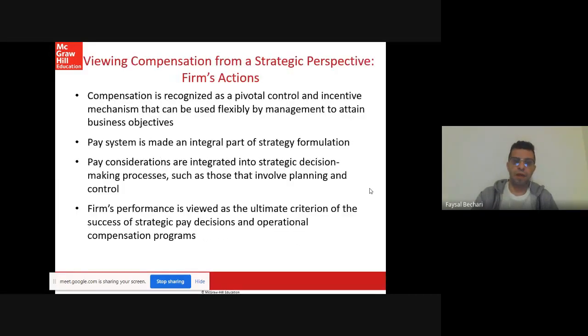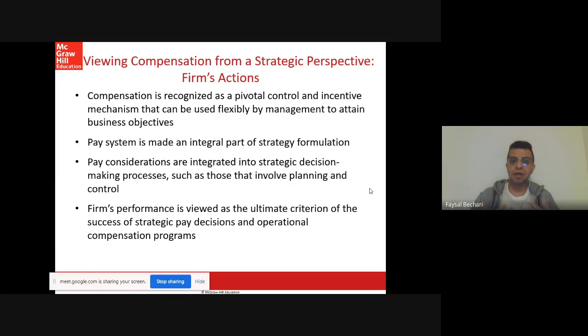So, viewing compensation from the strategic perspective, the firm's compensation is recognized as an important, pivotal control and incentive mechanism that can be used flexibly by management to attain the business objective.